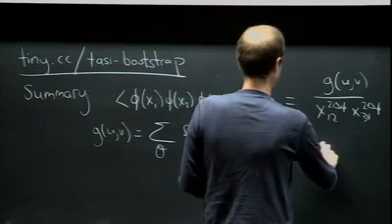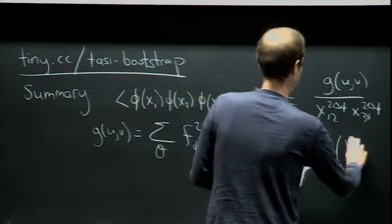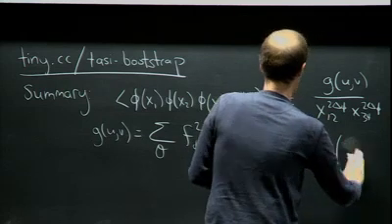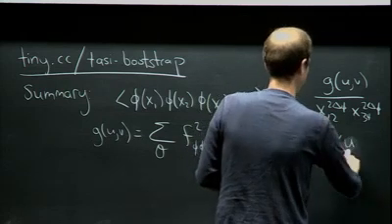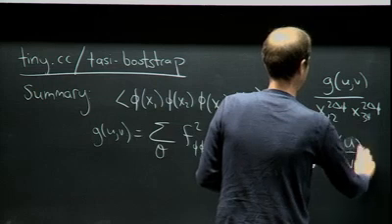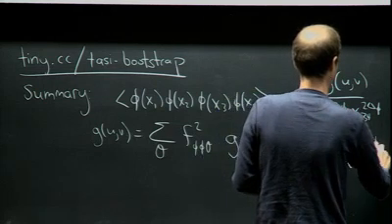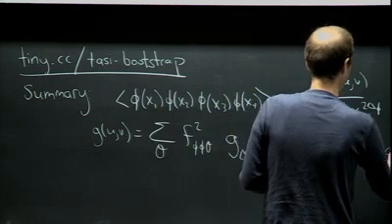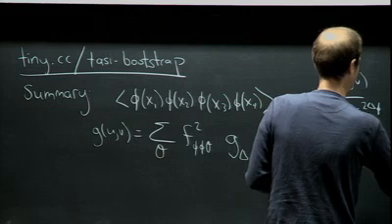And in particular, this gave us a constraint that g of u and v is equal to u over v to the delta phi times g of v comma u.